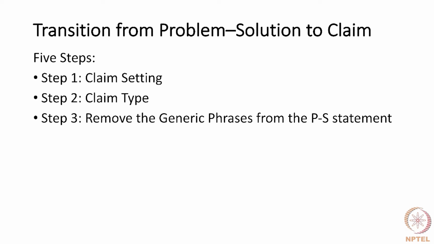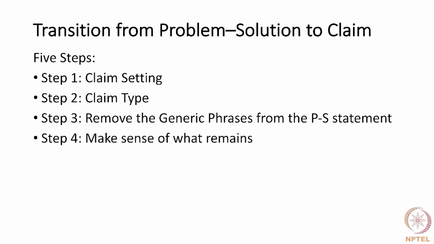The third step will be to remove the generic phrases from the problem solution statement. The problem solution statement, as we have seen, is a blanket statement which could be used for any situation. The problem of dash is solved by the solution dash. So the broad, generic phrases need to be removed.